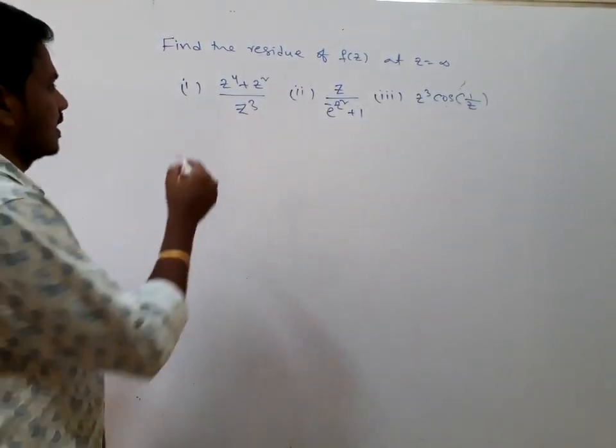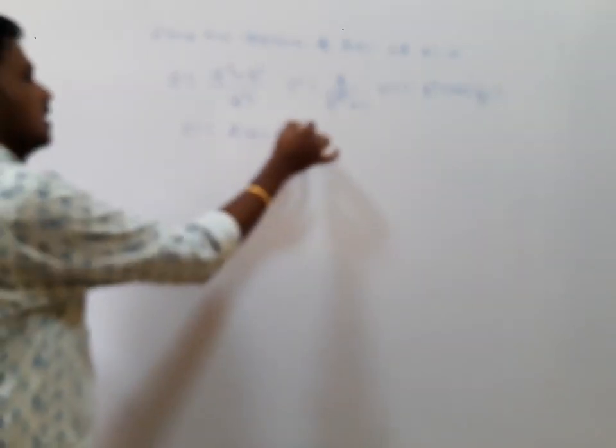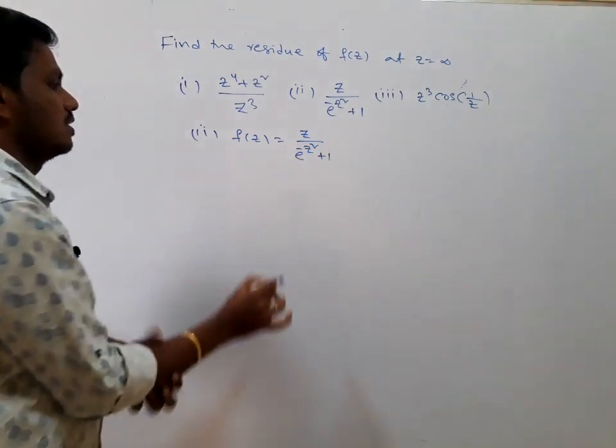Now coming to the second problem. f of z is equal to z divided by e to the power of minus z square plus 1. Right.